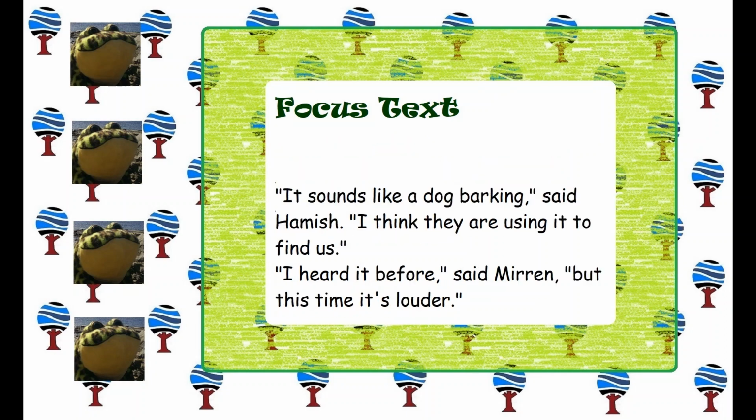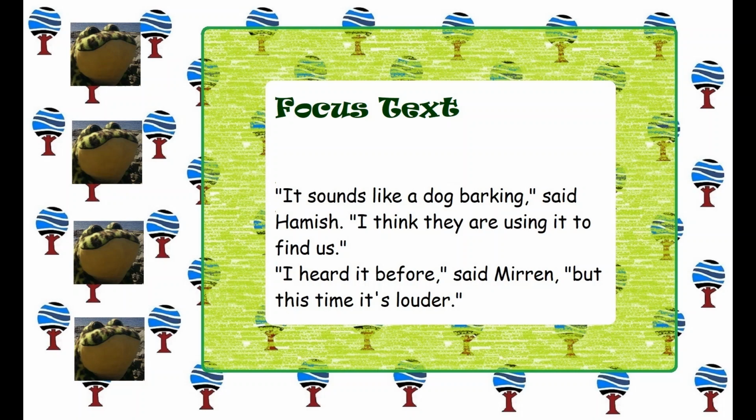Sometimes we use said to split the spoken words. So for example, when Hamish speaks, he says two sentences, and "said Hamish" is placed between the two sentences. When we punctuate the sentence, we need to make sure that the speech marks only go around the parts that are actually spoken. So let's have a look at the first one. "It sounds like a dog barking," said Hamish. "I think they are using it to find us."